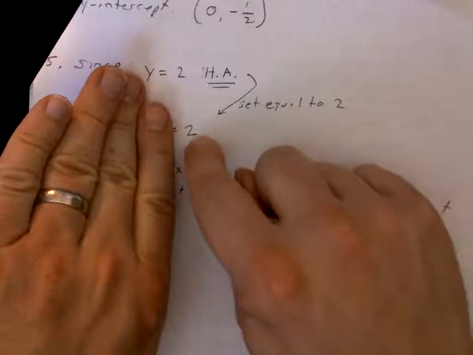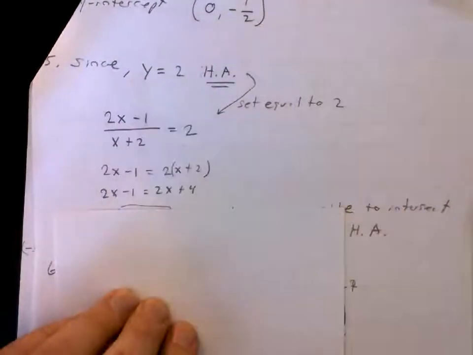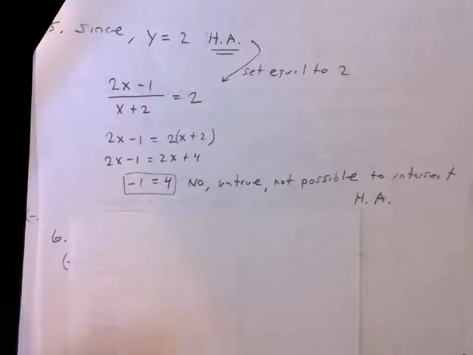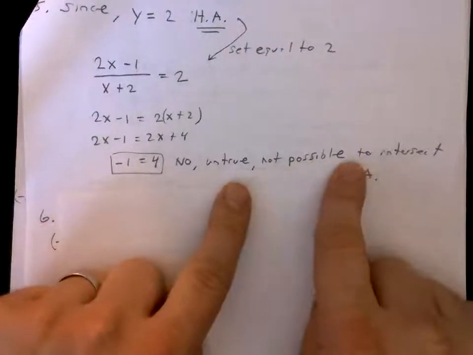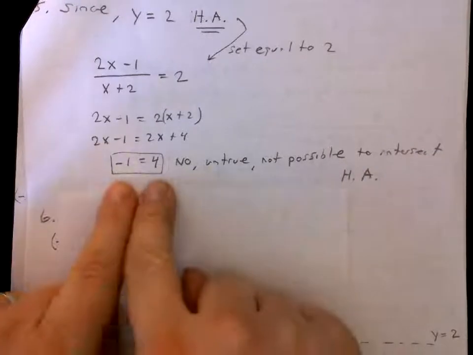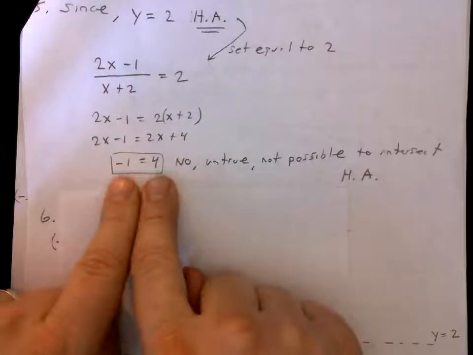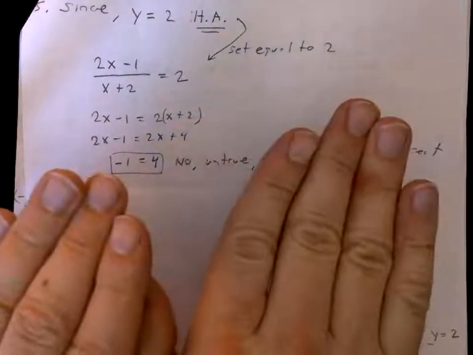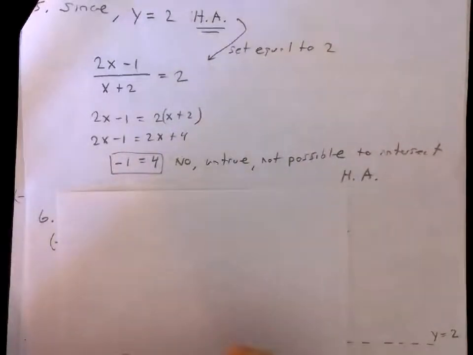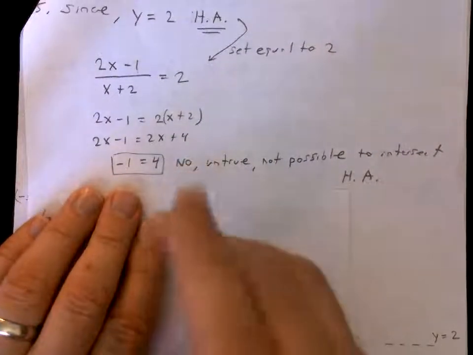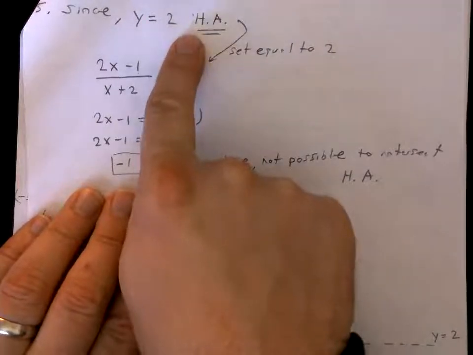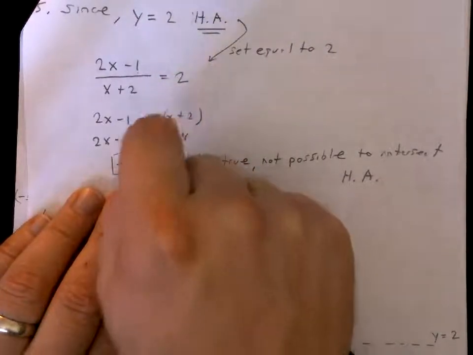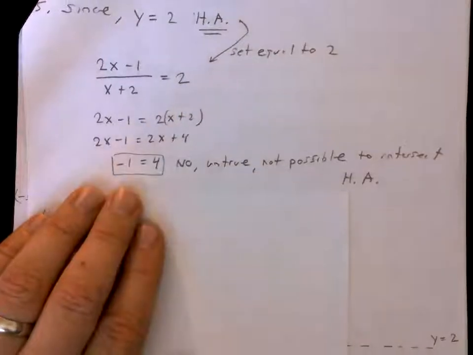You're going to cross multiply, and oh boy, look what happens. Untrue, not possible. They do not intersect. -1 does not equal 4. So all your x's disappeared. That's what you're looking for, because that tells you that your graph does not touch your horizontal asymptote at 2 at all.